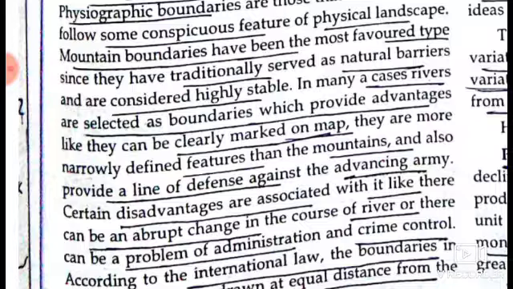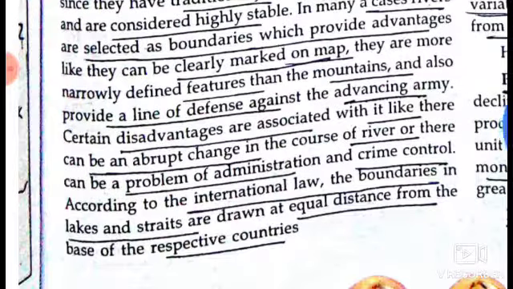In many cases, rivers are selected as boundaries, which provide advantages like they can be clearly marked on a map. They are more narrowly defined features than the mountains and also provide a line of defense against an advancing army.